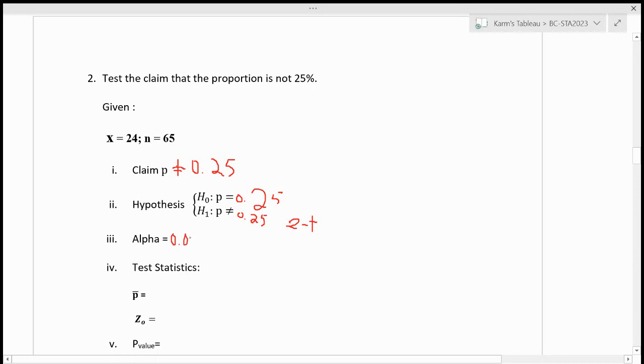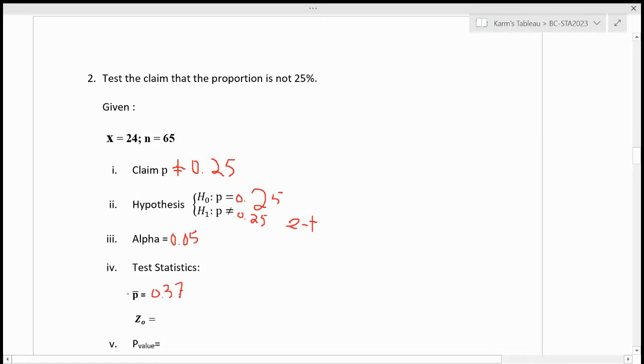So in the chart over there, the p hat will be what did you put? Adam put 0.37 for the p hat. I have a mistake here.